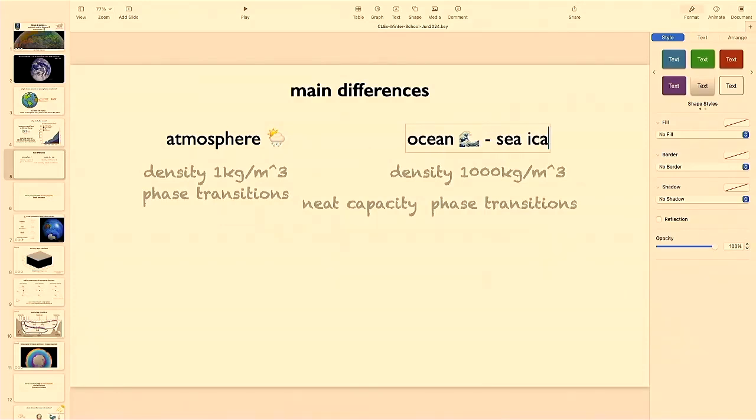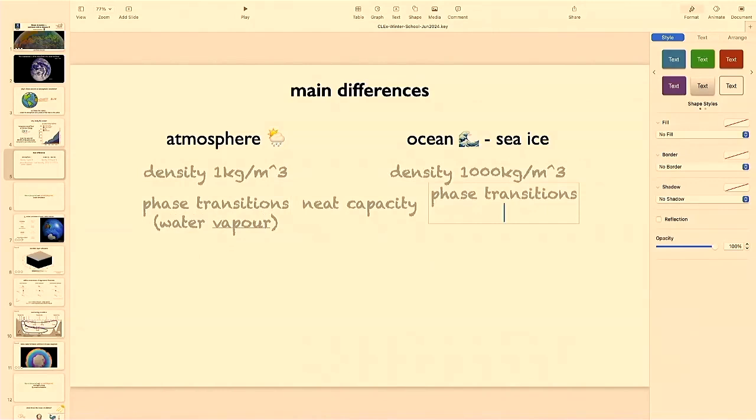Then it has become more of a similarity. Phase transitions, water, vapor. We have rain essentially. Oh, my computer wants to be in the US. And then phase transition, ice, water. All right, what else?